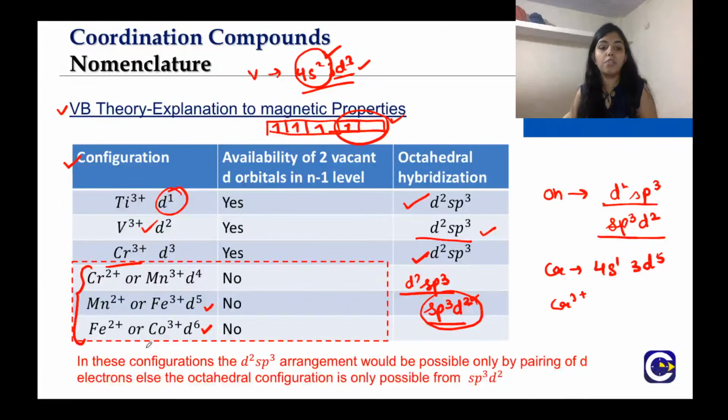So basically in these configurations, d2sp3 or sp3d2 will depend upon the type of ligand that you are using. If it is a strong field ligand, then pairing of electrons would take place and it will show d2sp3 hybridization, and if there is a weak field ligand, then only sp3d2 hybridization is possible, in which the d orbital will be used from the outermost shell, not the n-1 level.